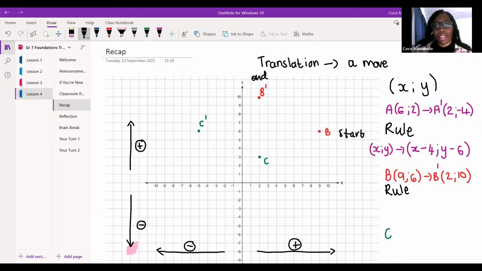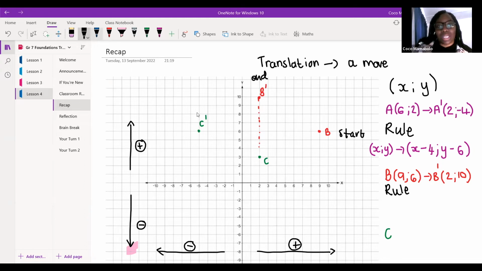Ma'am, you move 6 spaces to C. Okay, but we're not moving to C, we're moving to B prime. So ma'am, we want to get from here to here, right? How many spaces do I need to move to get to that red dotted line that I just drew? 6 up, ma'am.